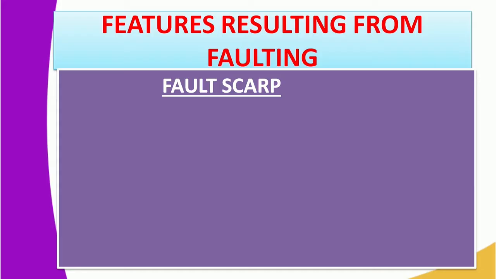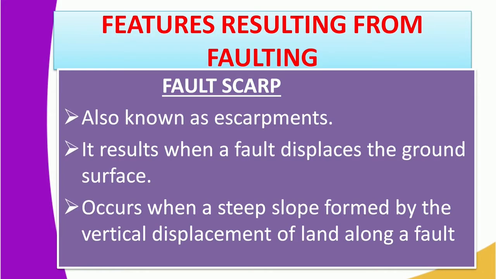One is a fault scarp. A fault scarp is also known as an escarpment, and this results when a fault displaces the ground surface. When forces act on the Earth's ground surface, one surface will be displaced by another, and this leads to the formation of an escarpment.